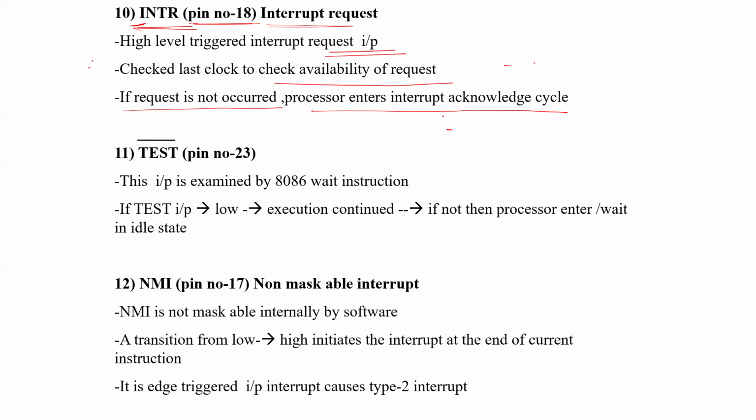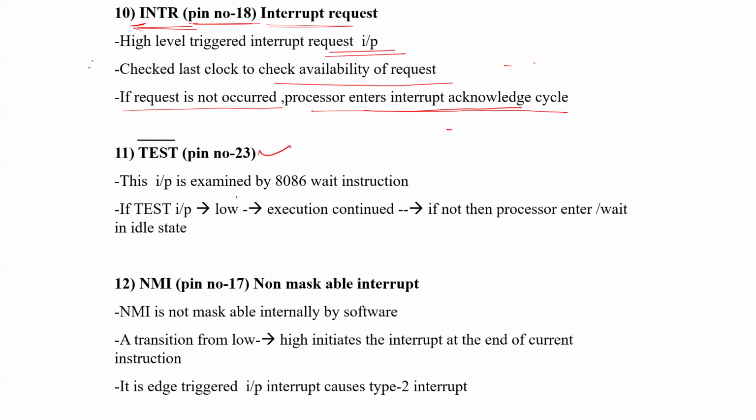After that, one acknowledgement signal will become the output. By seeing the output, the user can understand that the microprocessor is now ready to accept the interrupt, or it can pause its present work and go for the new work.